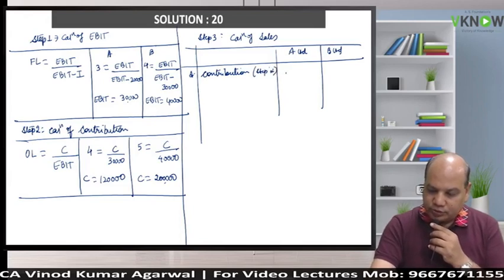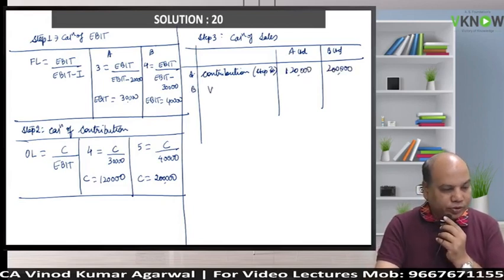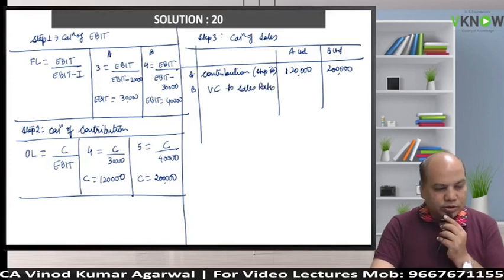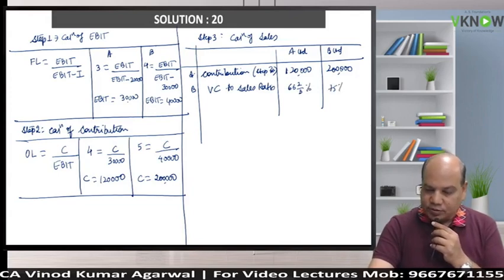One day you have to revise also. 1,20,000 and 2 lakh. Point number B, variable cost to sales ratio is 66 2/3% and 75%.